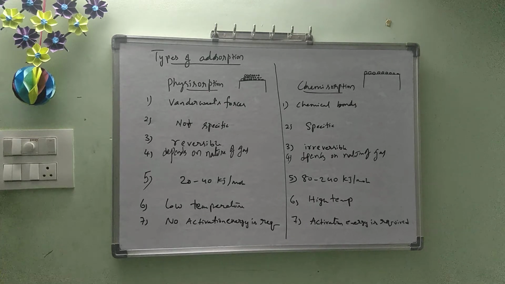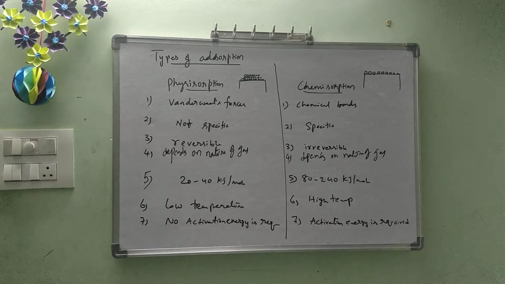First point. Physisorption happens because of which forces? Van der Waals forces. Chemisorption is because of chemical bonds. Second one. Physisorption is not specific in nature, but chemisorption is specific in nature. Third one. Physisorption is reversible, chemisorption is irreversible.